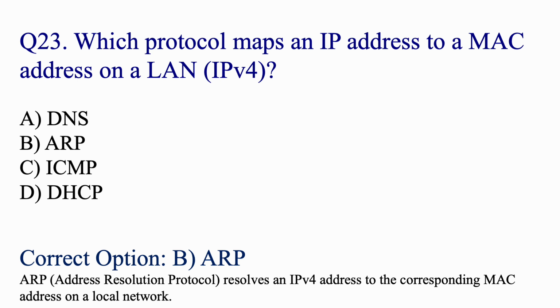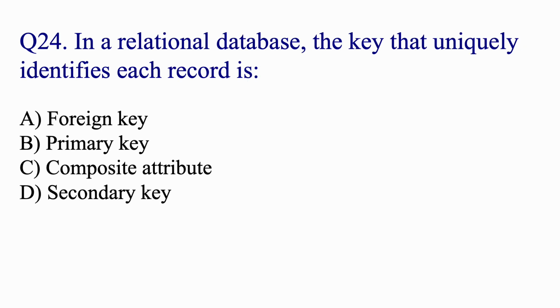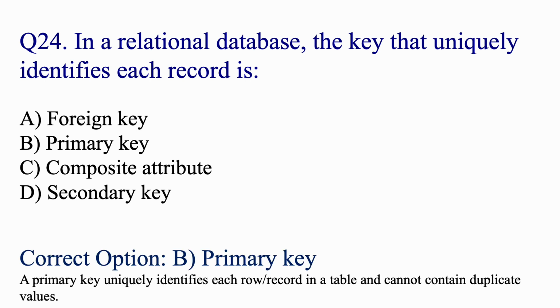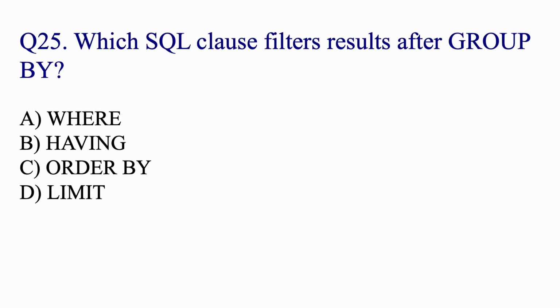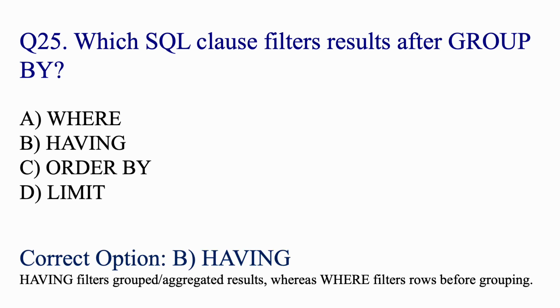ARP, Address Resolution Protocol. In a relational database, the key that uniquely identifies each record is primary key. Which SQL clause filters results after GROUP BY? Having.